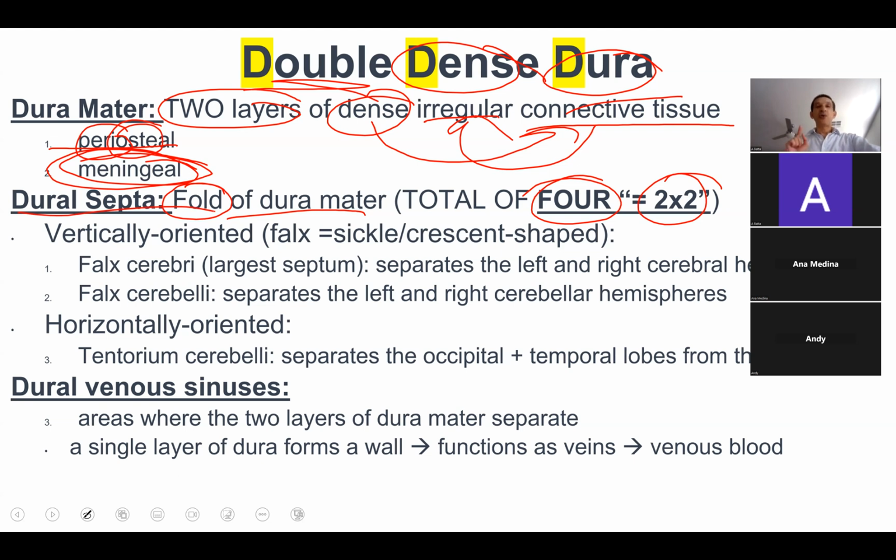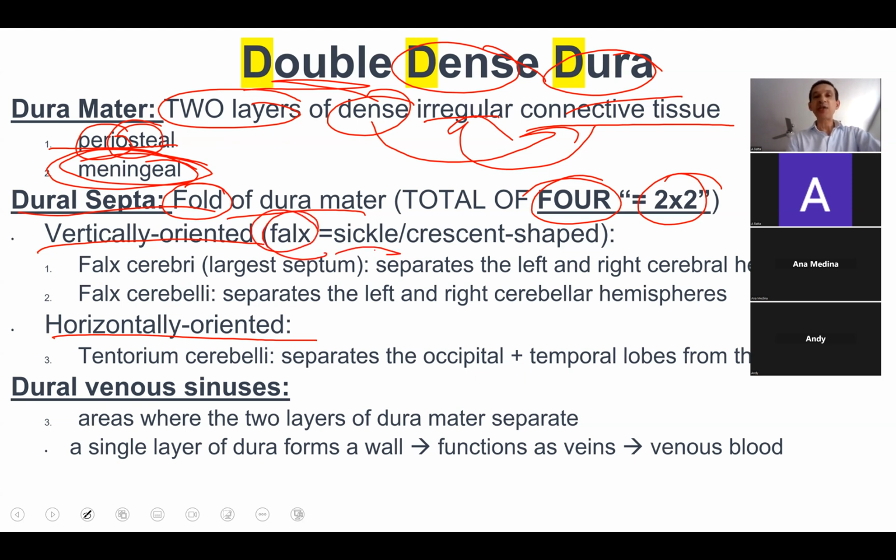Okay, all right. So these folds can be either vertically oriented or horizontally oriented. Those that are vertically oriented, like so, sagittal orientation, both have falx in their name.